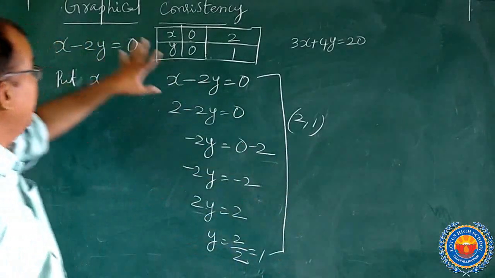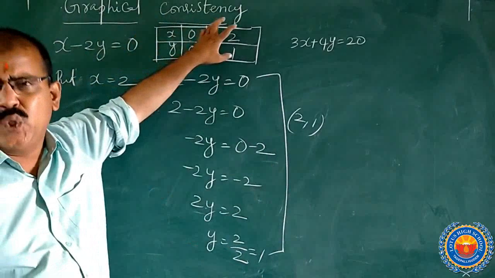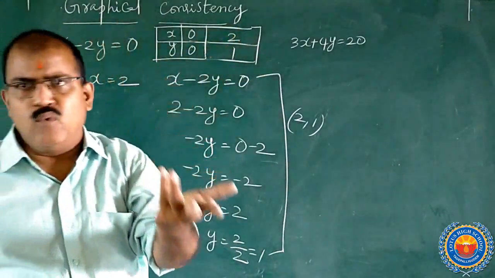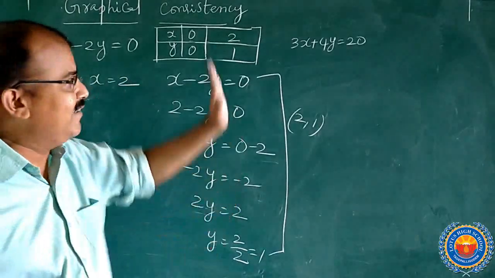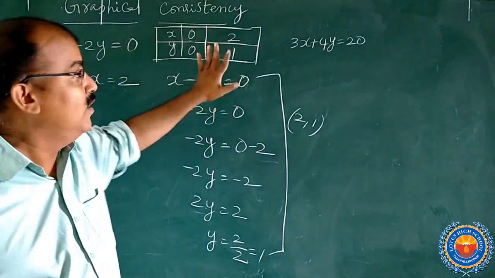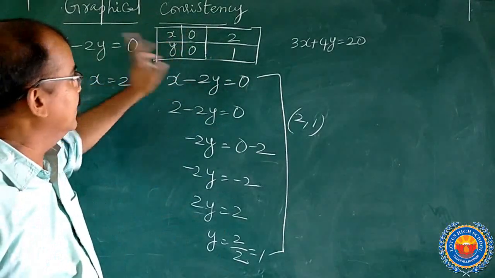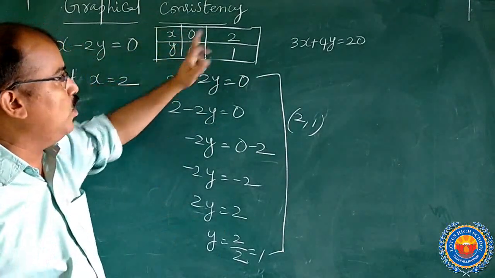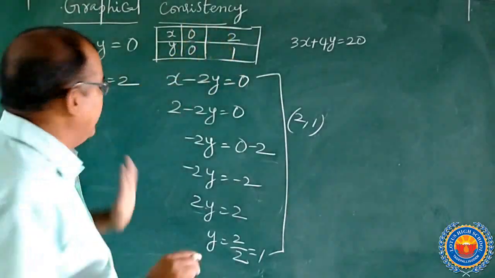This is the first table. For this x minus 2y equation, I have taken only two values. If you want, you can take one more also; 3 is the maximum, more than 3 is not required. So the coordinates of the first equation are (0, 0) and (2, 1).